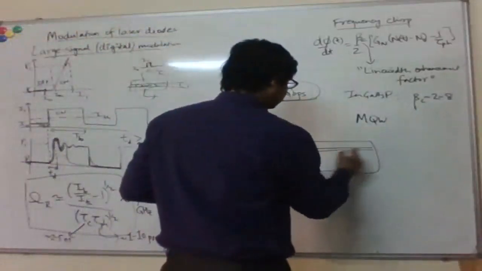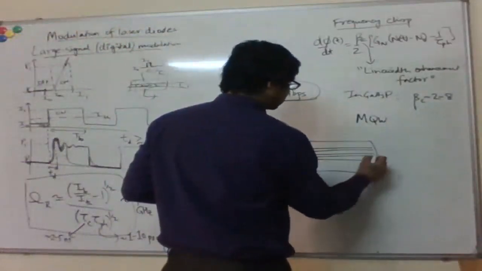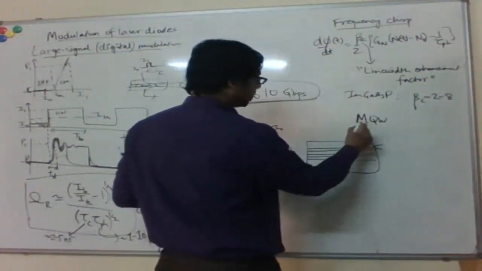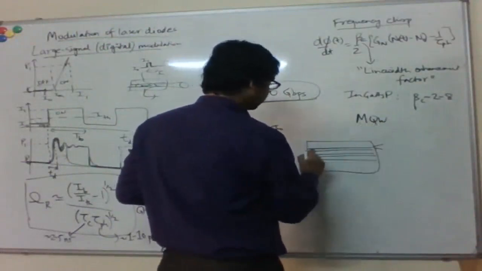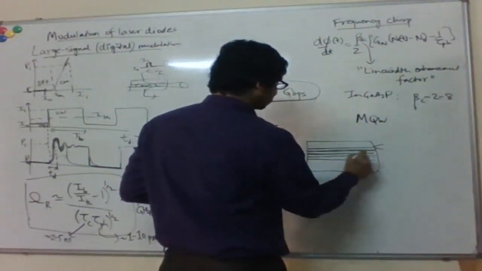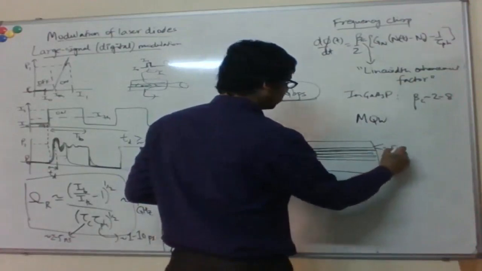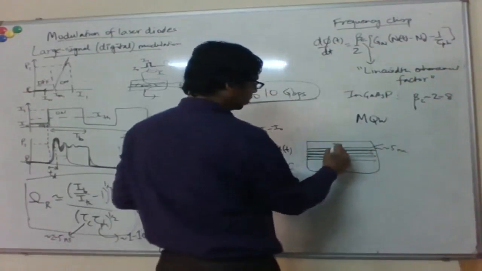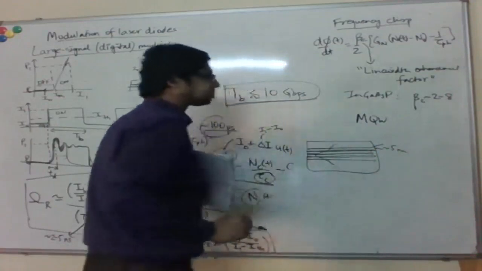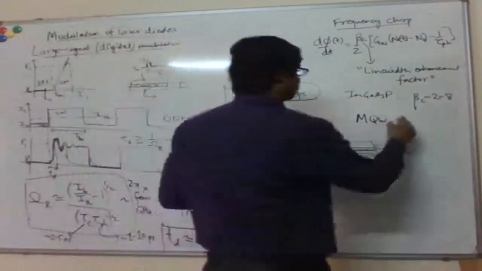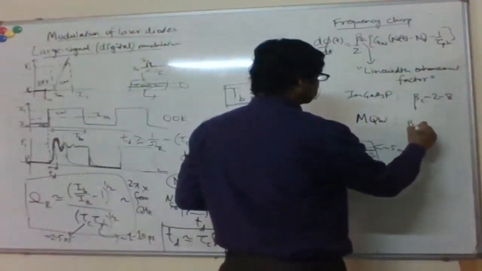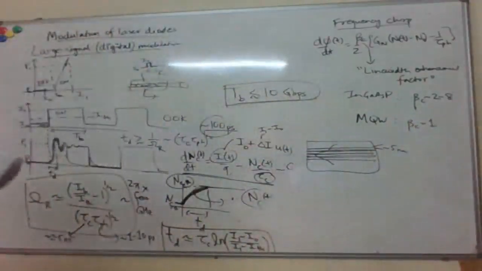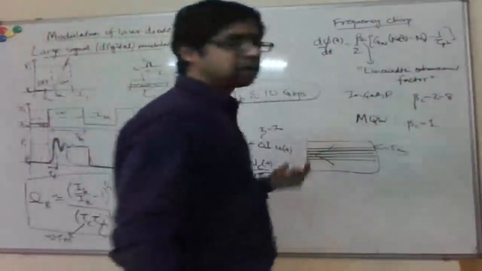For these multiple quantum well devices, you have very thin layers of active region, each of, let's say, 5 to 10 nanometers, and you have multiple layers of this. So that on the whole constitutes some active region. With these multiple quantum well lasers, you can reduce this to around 1. So that reduces the chirp that you get on your pulses.